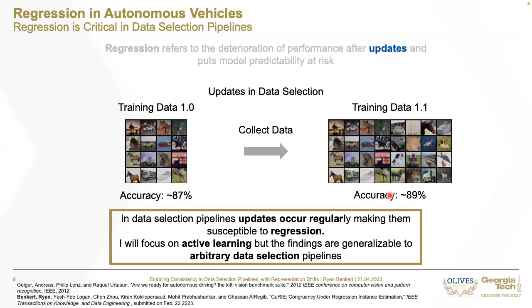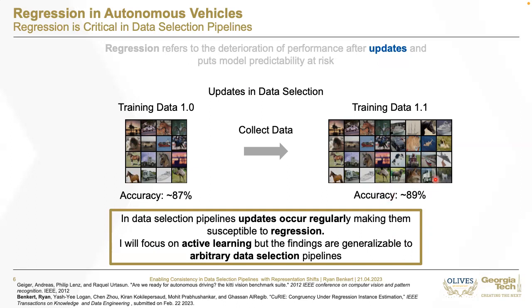And what you can see over here is that the same phenomenon can happen, right? So if I have a small training data set and I achieve an accuracy of, for instance, 87%, and I start collecting a lot more data and increase the data set, increase the edge cases, increase everything, right? I might get a higher accuracy on the target distribution, but there may still be performance deterioration happening.